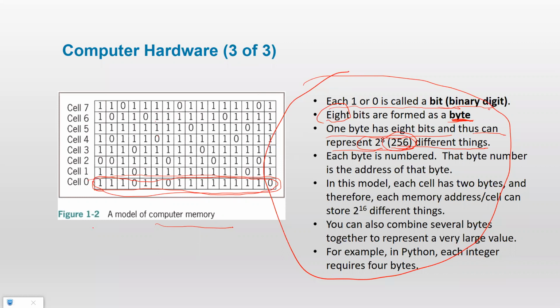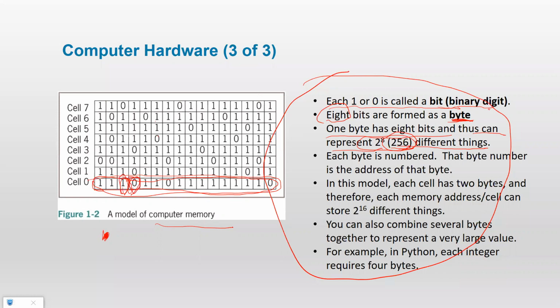For example, let's just say you have 1 bit. This is 1 bit. How many different things can you represent with 1 bit? 256? No, 1 bit, not 1 byte. 1 bit. How many things can you represent? 2.